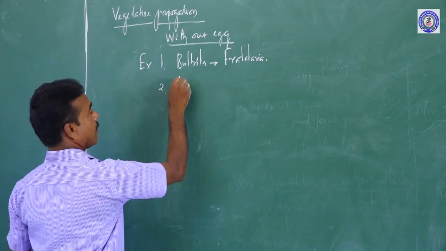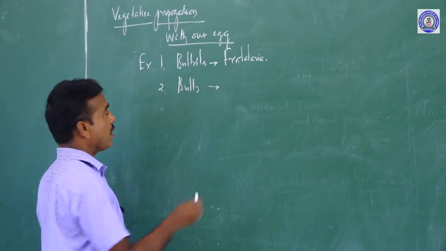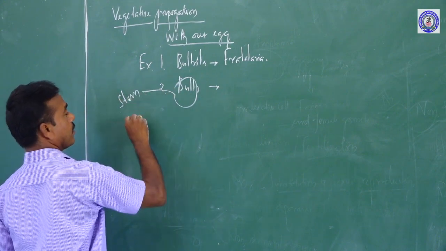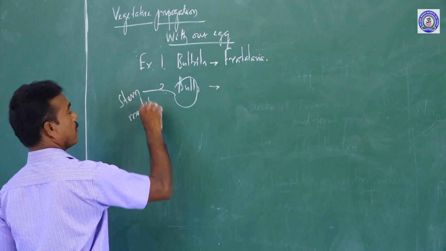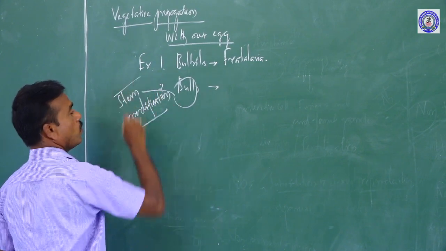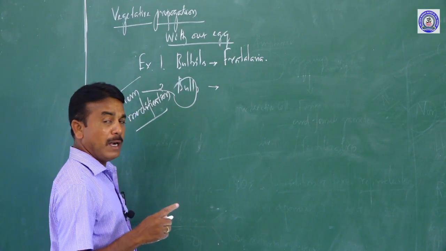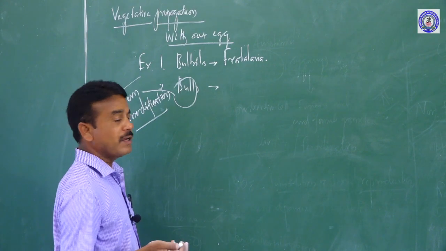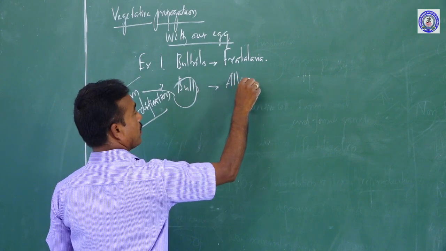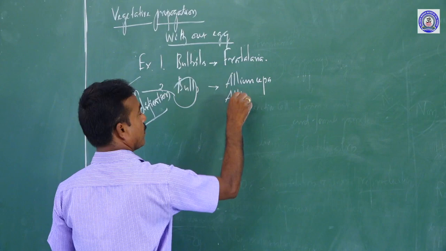Second, bulb. A bulb is also a kind of stem modification. The plants that propagate by bulbs are Allium cepa and Allium sativum.